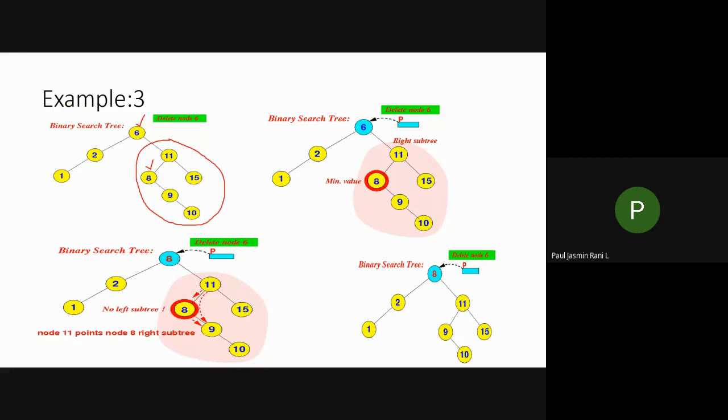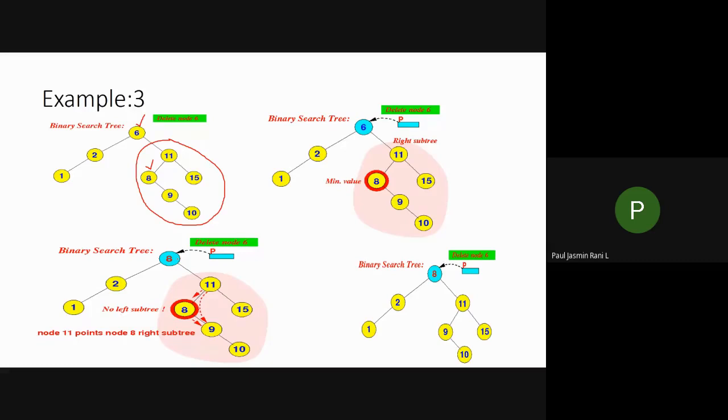Is there any doubt? No, ma'am. Yes, can you follow this one? Is it okay? So whenever you do a deletion operation, first you have to see whether the particular node is a leaf node, or it contains only one child. If it has 2 children, you have to be very careful.